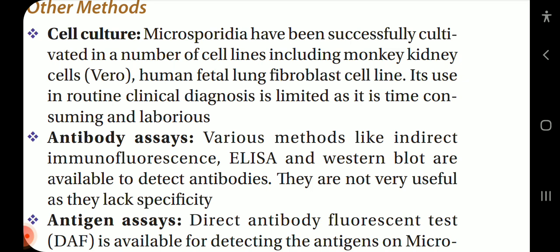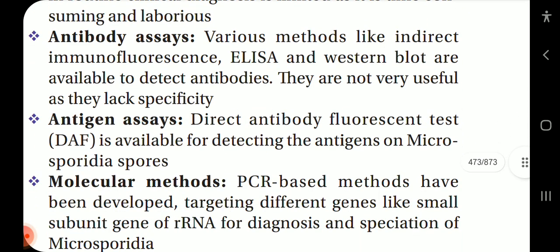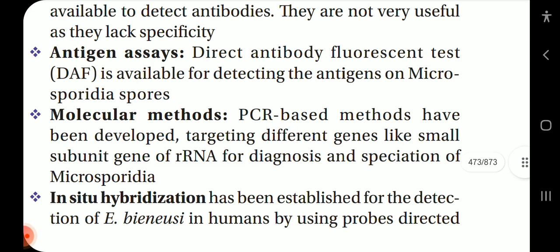Antibody assays: various methods like indirect immunofluorescence, ELISA, and Western blot are available to detect antibodies. They are not very useful as they lack specificity. Antigen assays: the direct fluorescent antibody (DFA) test is available for detecting antigens of Microsporidia spores.